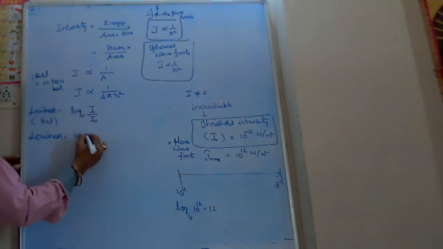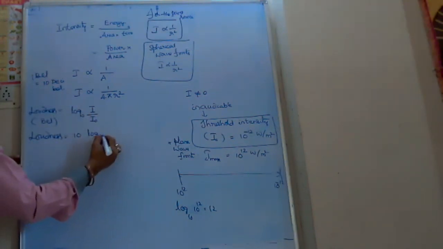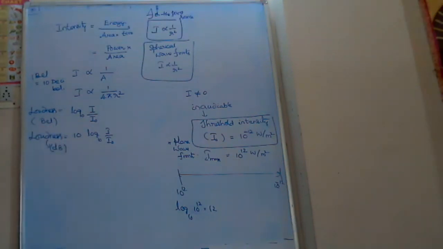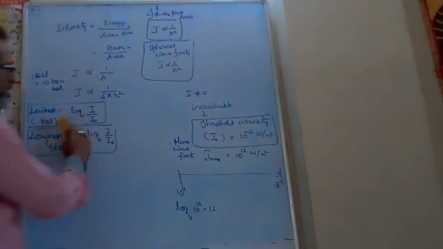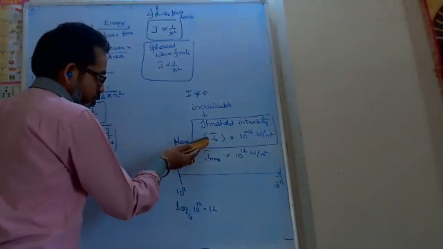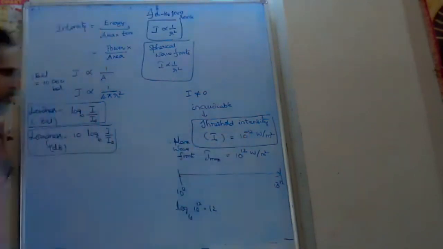So I write 10 log base 10 of I by I naught, but the unit is dB, decibel. This is what we generally hear nowadays, the loudness when calculating pollution or something. Related to this loudness, you have to remember threshold intensity is 10 power minus 12. Don't forget that.